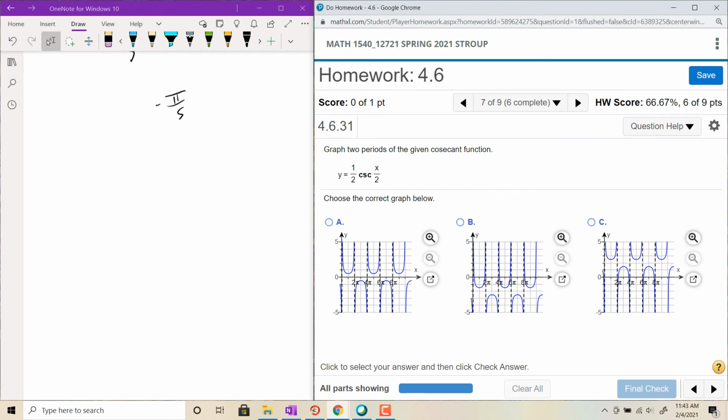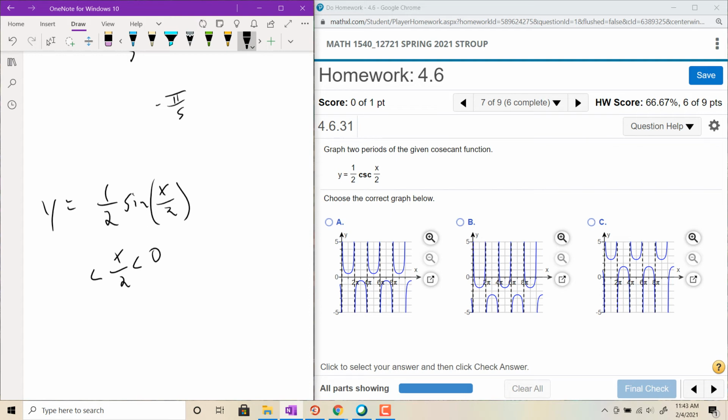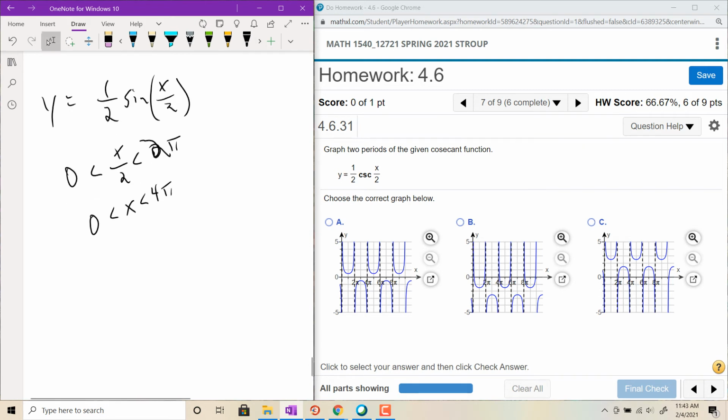Okay, cosecant guy. Graph 2 periods. Cosecant is kind of like the sine function. Sine of x over 2. Wedge x over 2. And multiply everything by 2. And then cut it into parts.